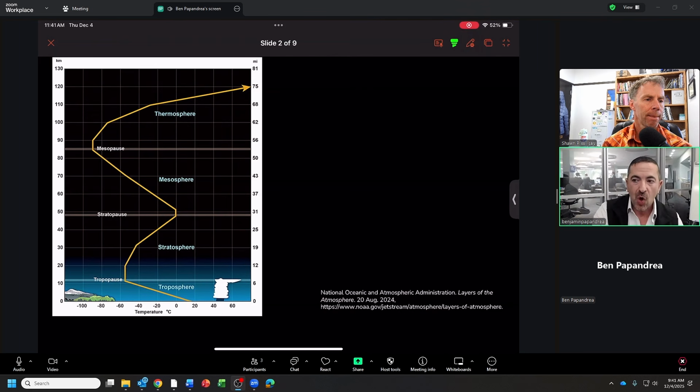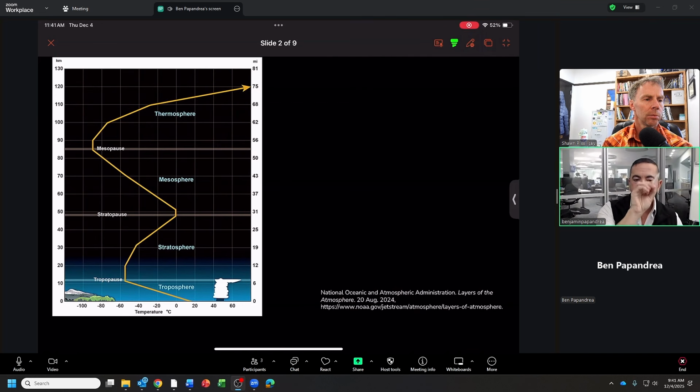Now, see where it says tropopause? That's the top of the troposphere where you're going into the next layer. What happens is the temperature now stops cooling. That's how we define the tropopause, when it stops cooling. This is how we define every layer, by temperature. So we define the atmospheric layers by their temperature structure. Troposphere gets colder.